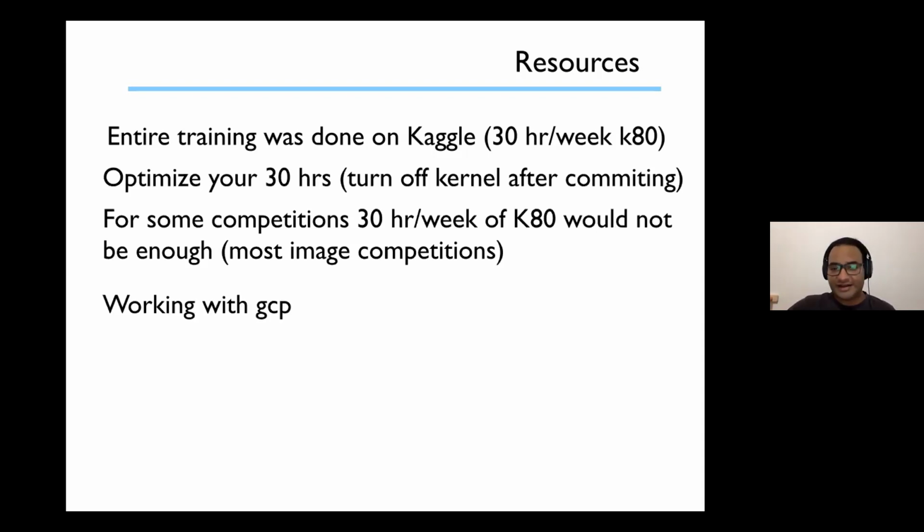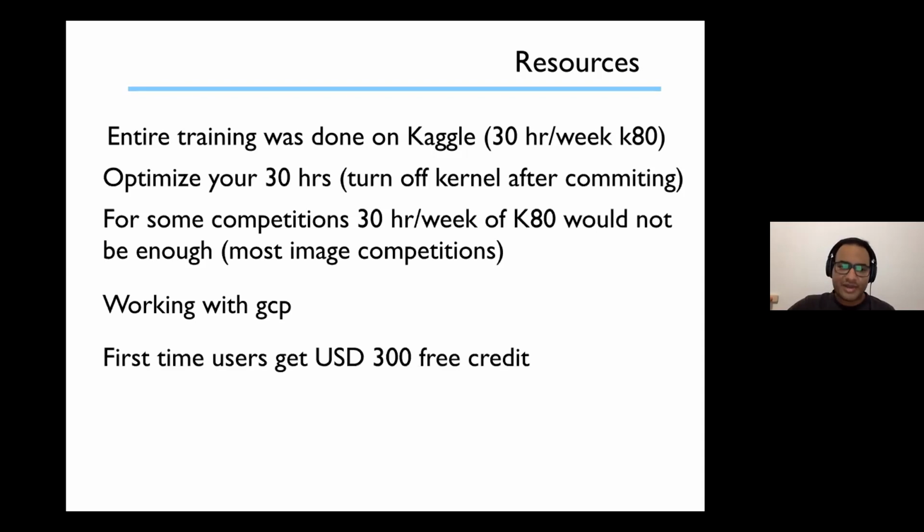One of those is the Google Cloud platform. Because a lot of you are already working on data science, I'm assuming all this is well known to all of you. Just if there is somebody who does not know, if you are a first time user, you get $300 free credit. So you can use that.